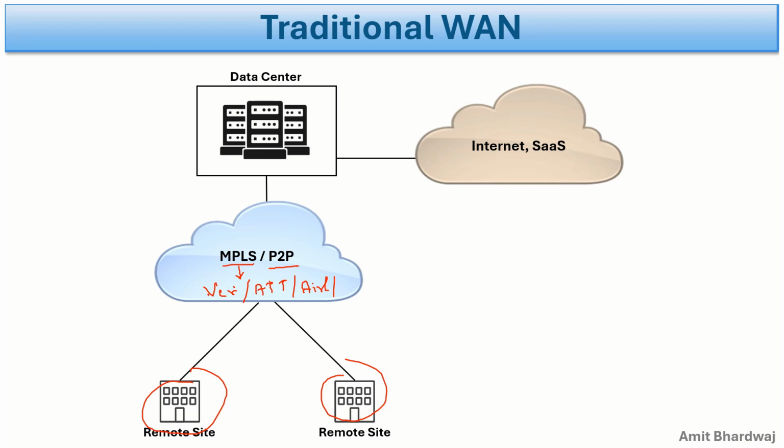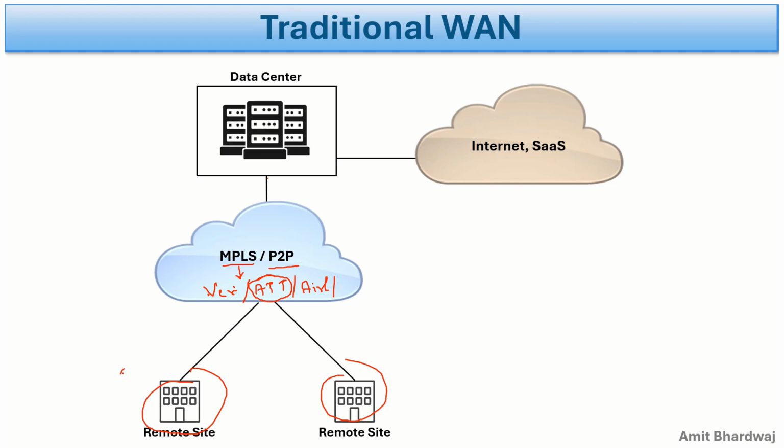So let's say AT&T is the service provider which has been taken. All these remote sites had to take that AT&T MPLS only, and not Verizon or Airtel, so that their communication can happen. The same was the case for the data center also. For simplicity, we've taken just one MPLS provider, which is AT&T.